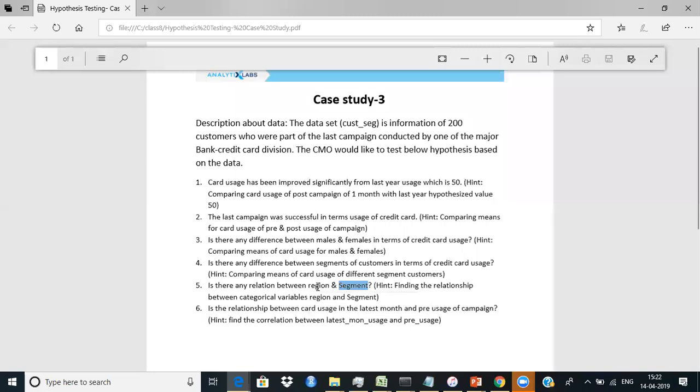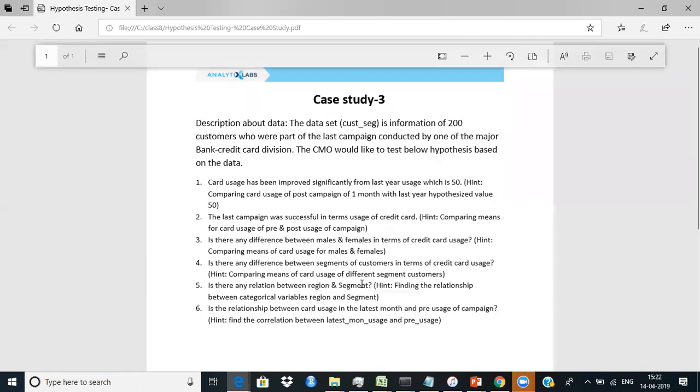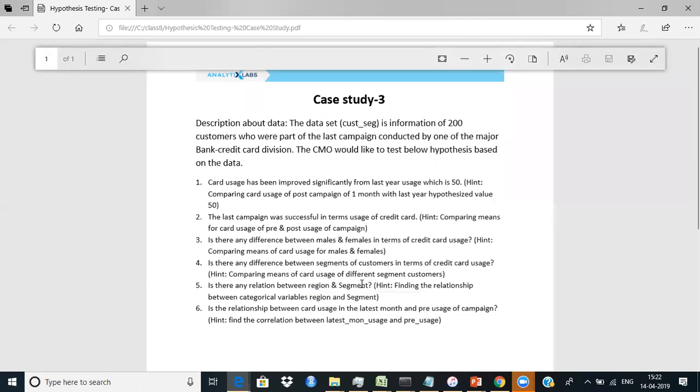Out of curiosity, is there any way in which this question can be done? What you can do is create separate variables indicating each region, and then do a test with the segment. You will figure it out.